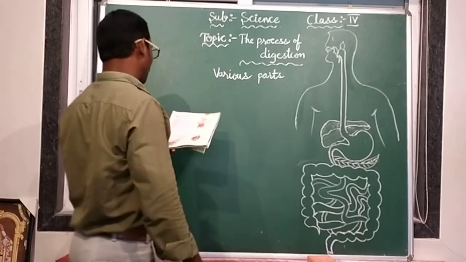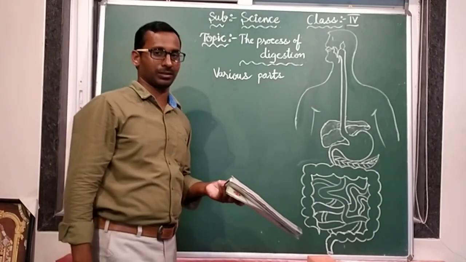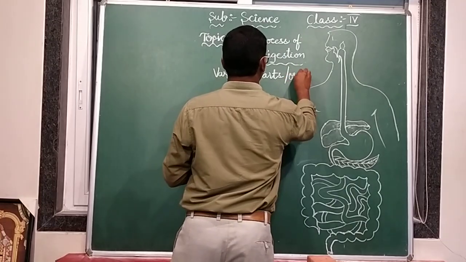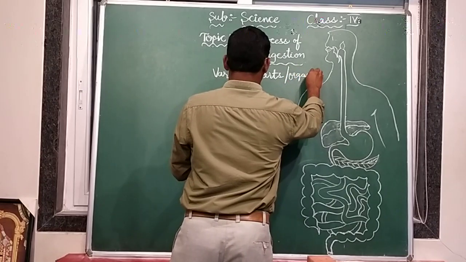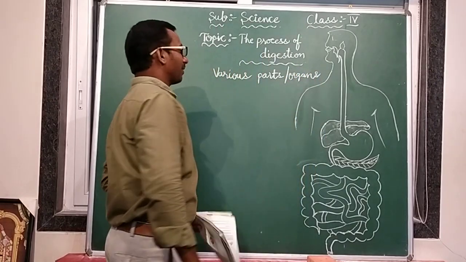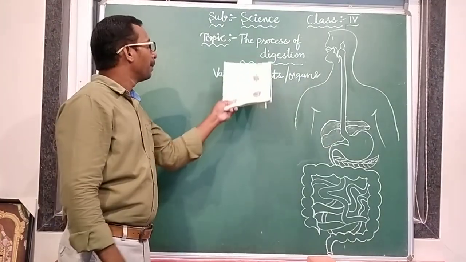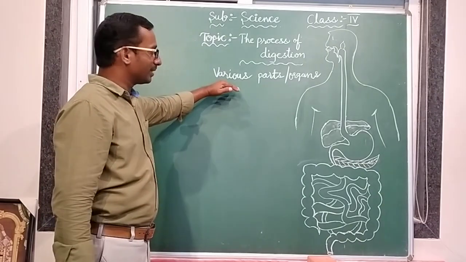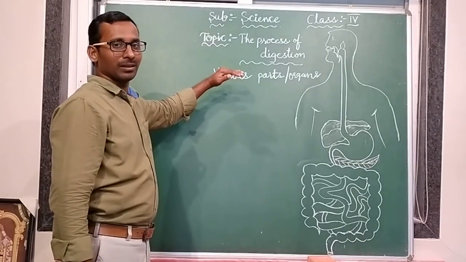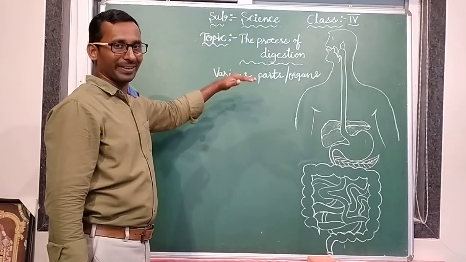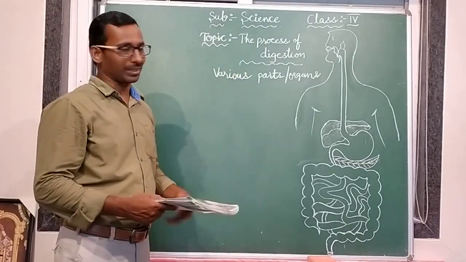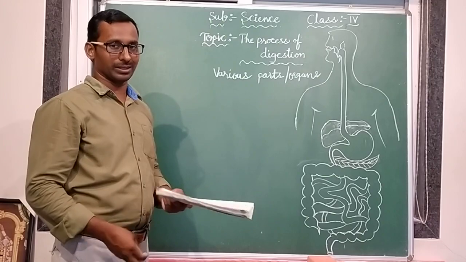Various parts are various organs that perform to complete the process of digestion. So different parts are showing their effect, or involved in their work in the process of digestion. Now we are discussing that.